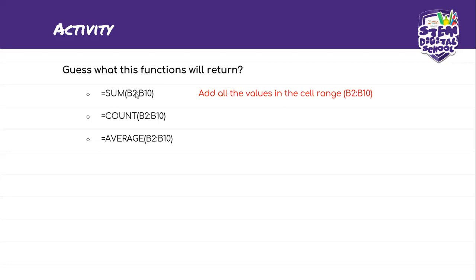So between B2 and B10, the person used this function to add all values from cell B2 up until B10. The person was adding all the values in the cell range B2 to B10.